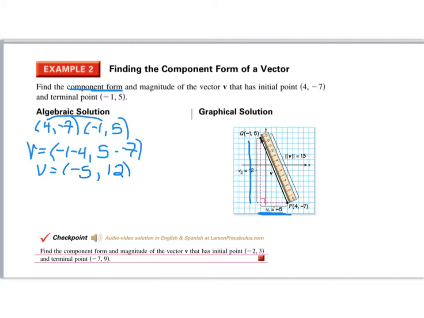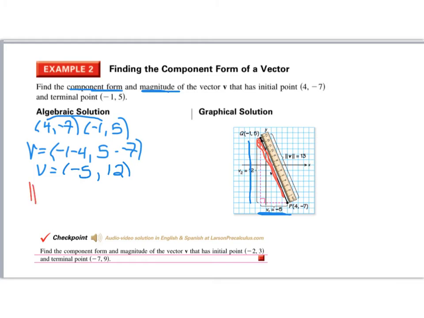Now the next thing we need to figure out is the magnitude. This is why we're using the Pythagorean theorem. We're looking for the distance of this vector right here. If you notice, this is a right triangle, so all we have to do is use a squared plus b squared.